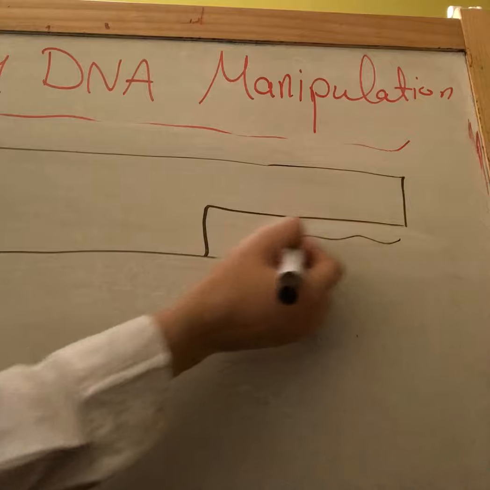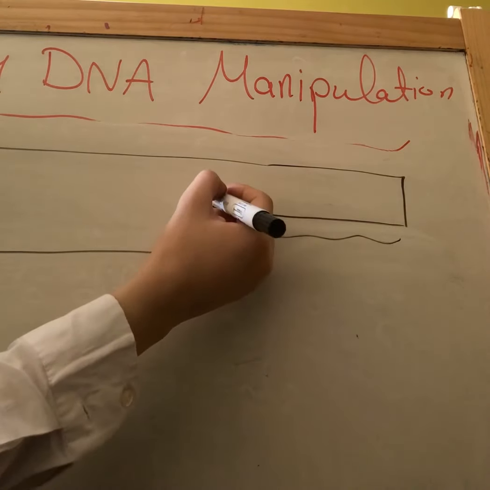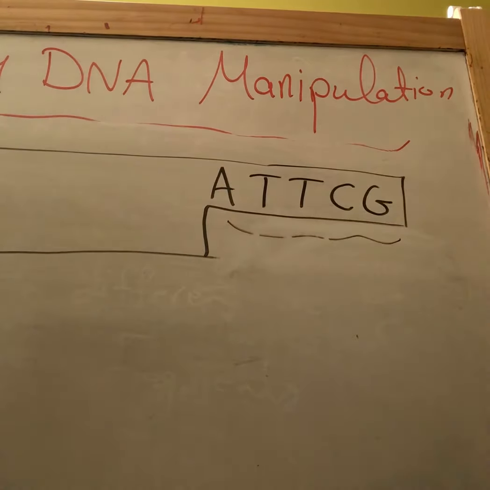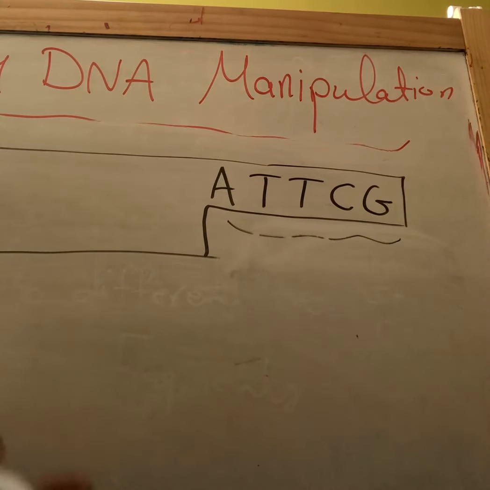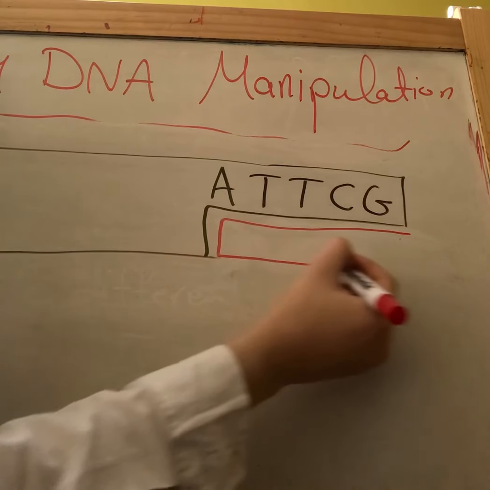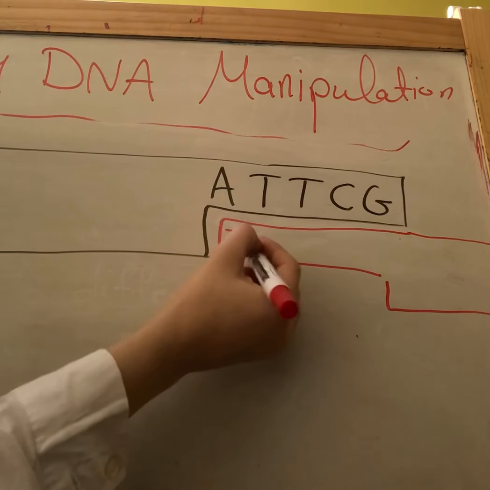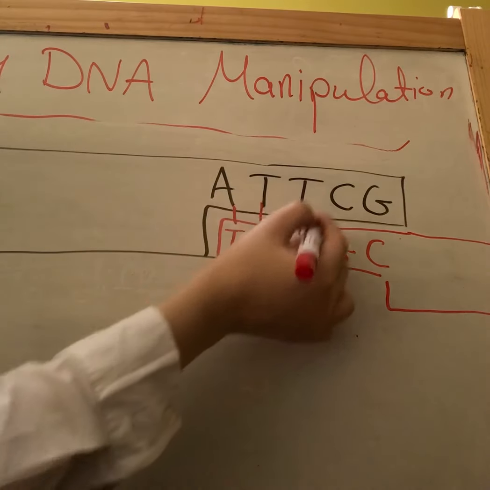This end is called sticky because it has nucleotides that can pair with other nucleotides, A, T, T, C, G. So, if I cut another DNA, let's say it's human DNA, and I cut the bacterial DNA with the same restriction enzyme, I get another sticky end, but complementary to it, T, A, G, C. So they will pair together.